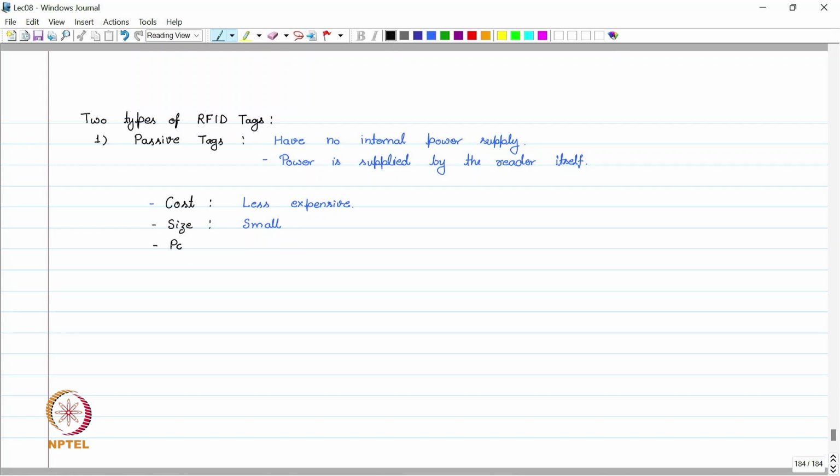The power is supplied by the reader itself. Maintenance is almost none.